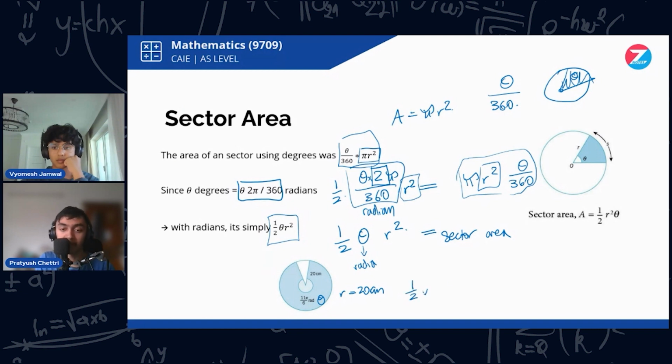So half times 20 squared, which is the radius squared, times angle 11 pi over 6, which gives us 1100 pi over 3, which you could simplify, times pi, to 1152 cm squared, because it's area.